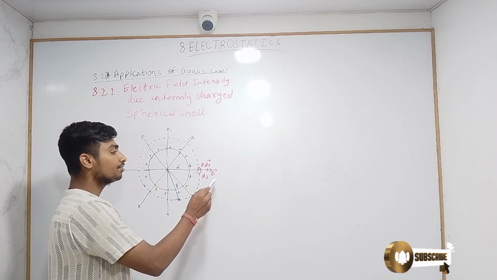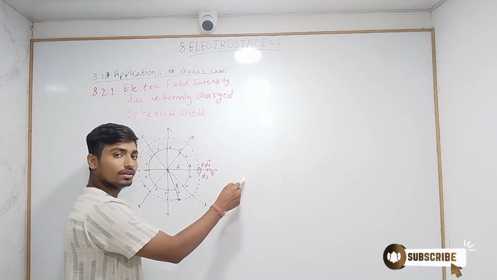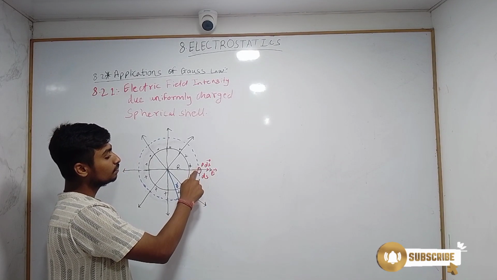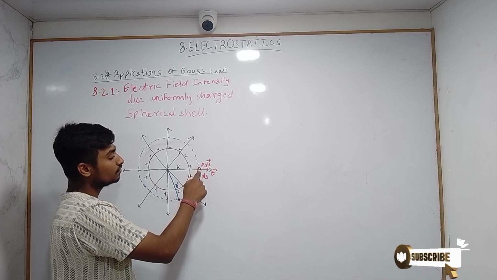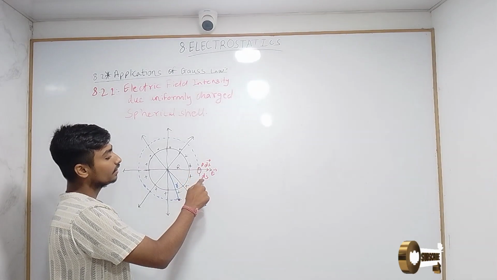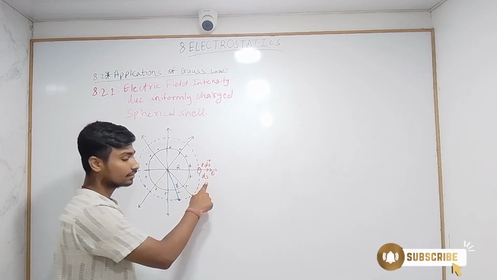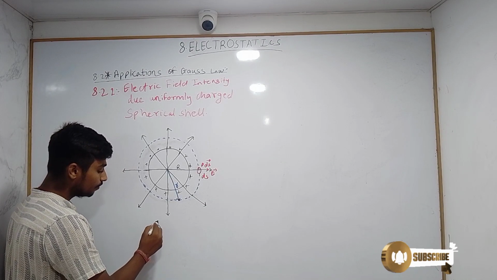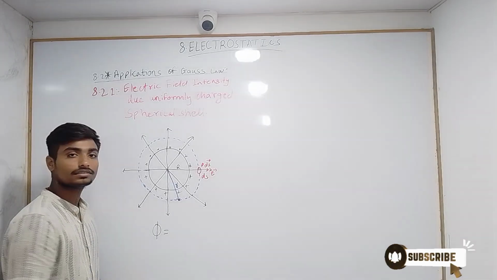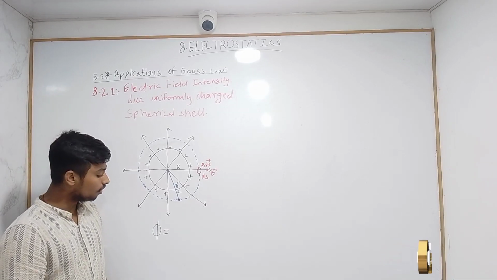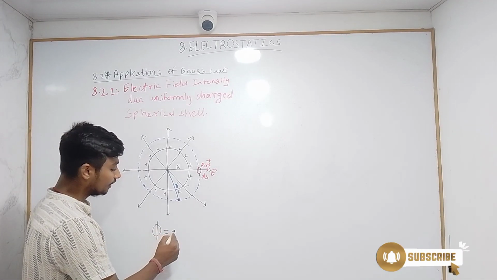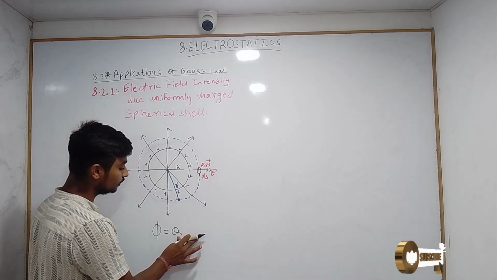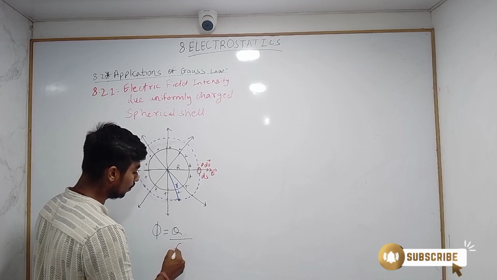The electric field works perpendicular to the surface, and let us assume a small area, a small circular part, which we will call ds. As we know, electric flux, yesterday we studied the electric flux. As you remember from Gauss theorem, electric flux is equal to Q, that is total charge enclosed, upon epsilon naught.